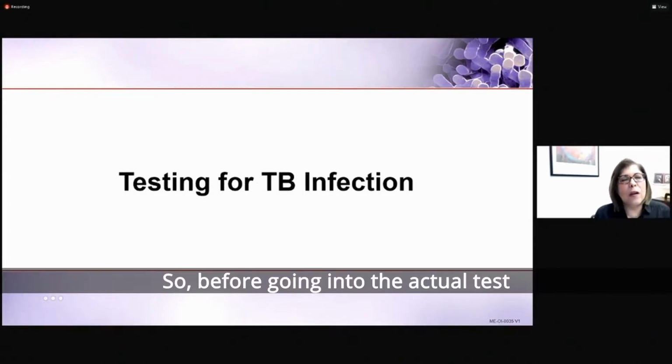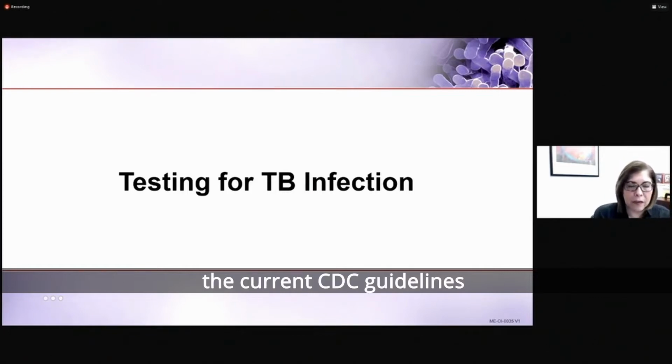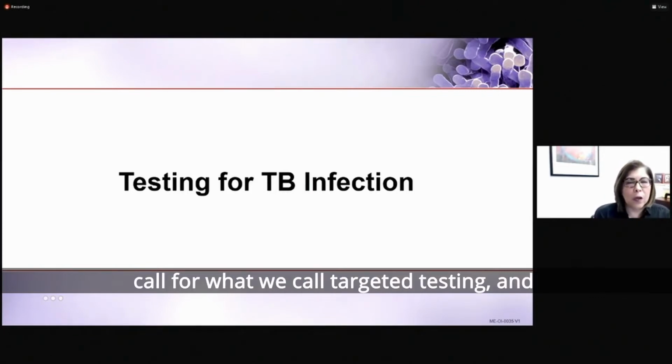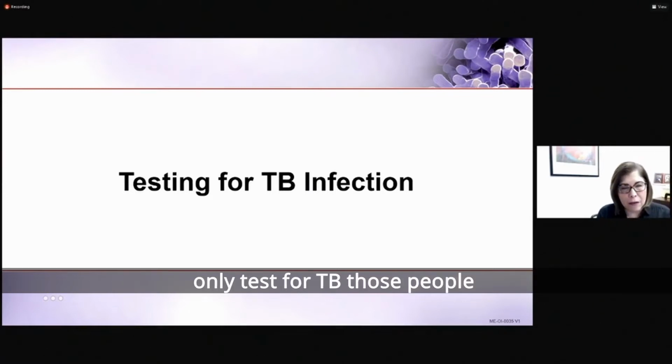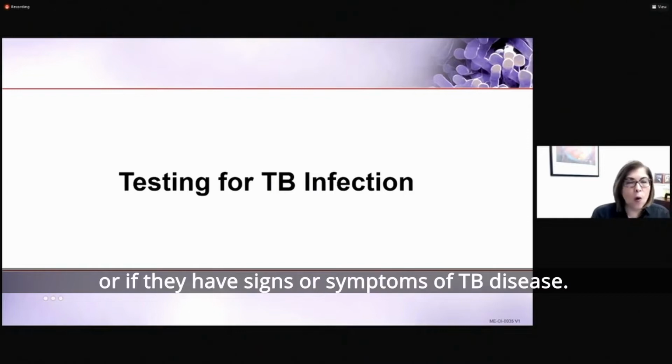So before going into the actual test for LTBI, it's important to know that the current CDC guidelines call for what we call targeted testing. And that means that the recommendation is to only test for TB those people that have risk factors, or if they have signs or symptoms of TB disease.